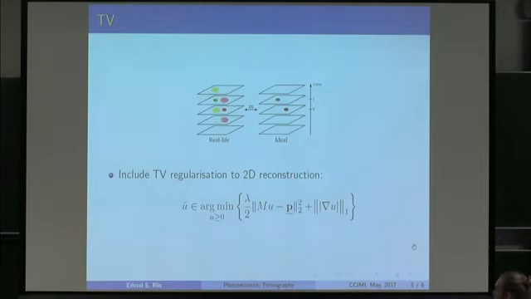So what we've tried to do instead is to include TV regularization in the reconstruction method, for just the 2D reconstruction method, basically. So TV regularization is a standard denoising technique that penalizes for random noise in the image, while still allowing for sharp edges occurring in the image.